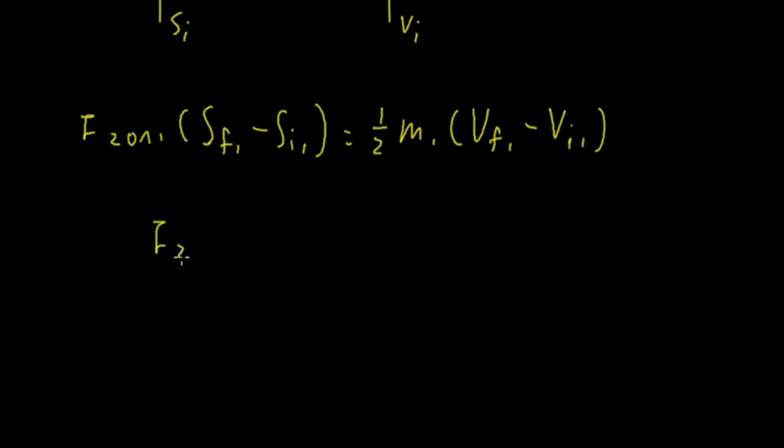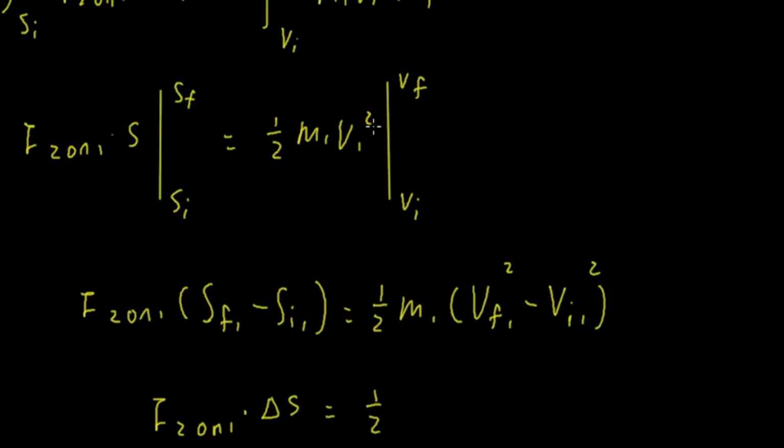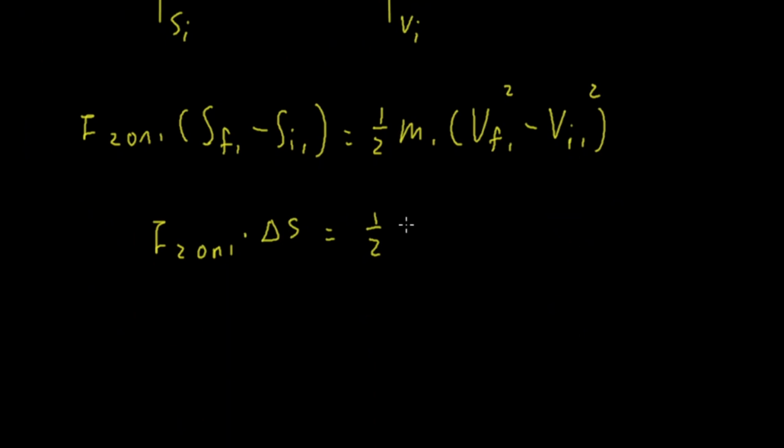We can rewrite this as times delta S. And that's equal to, let's distribute this, half. Oh, that's a square here. Okay, so here, right? Because there's a square here. Okay, so this is half m1 v final 1 square minus half m1 v initial 1 square.